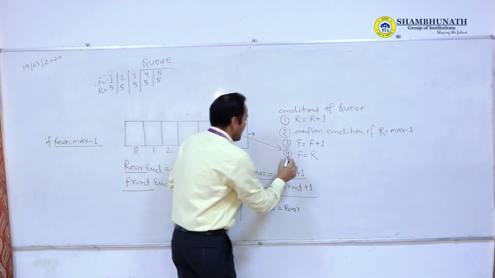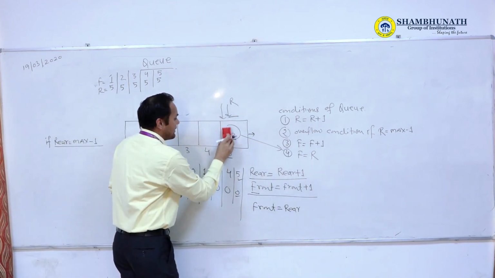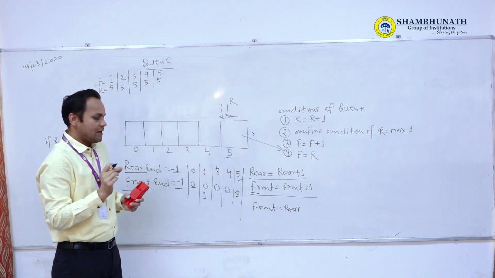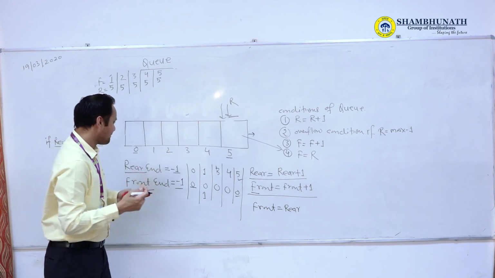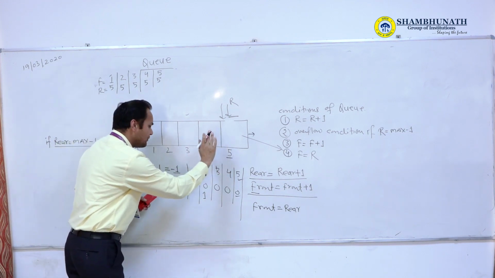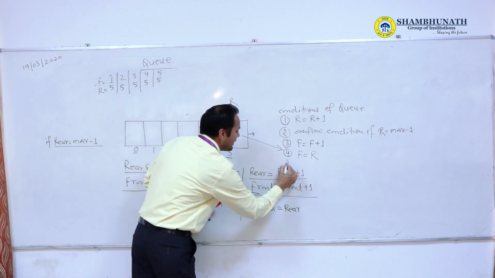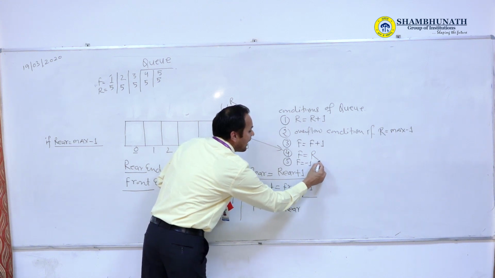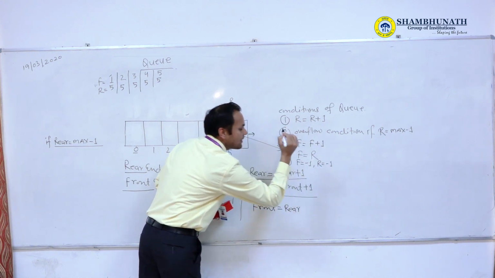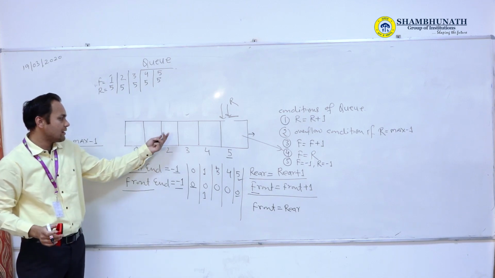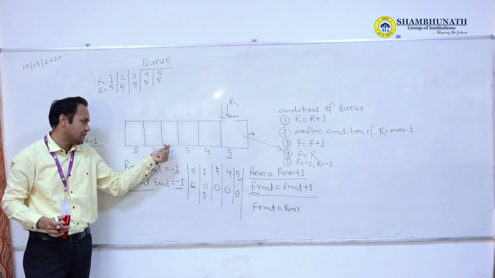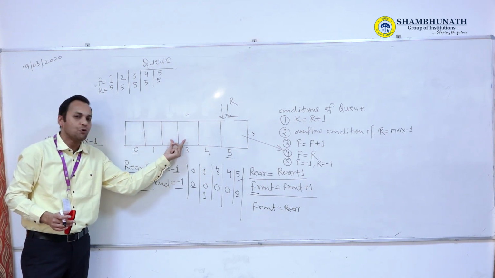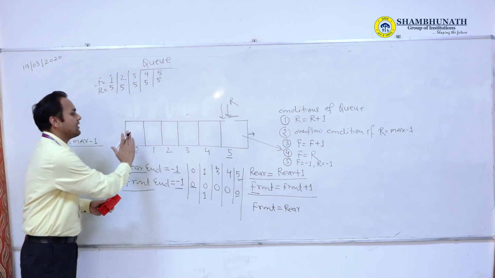Okay? If this element is deleted, what is the position of front and rear? There is no element in the queue. The position of front and rear is front equals -1 and rear equals -1. If the user deletes an element from the given queue, this condition is known as the underflow condition, because there is no element.